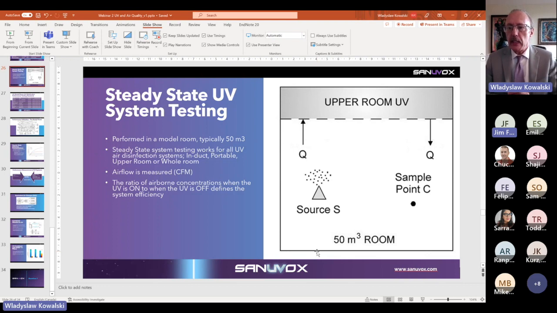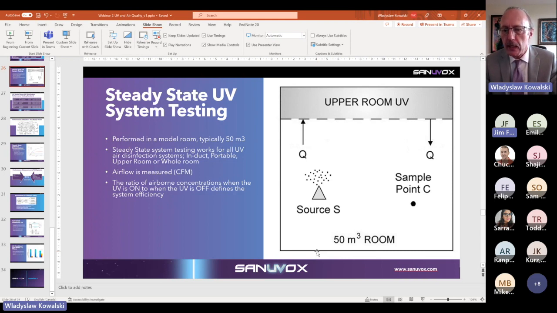Once that steady state condition is achieved, and it might take an hour, possibly two, they turn the UV lamps on, and the kill rate manifests itself as a major reduction in room concentration. And it may take an hour, possibly two, to reach steady state again.